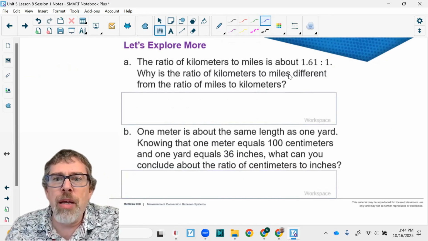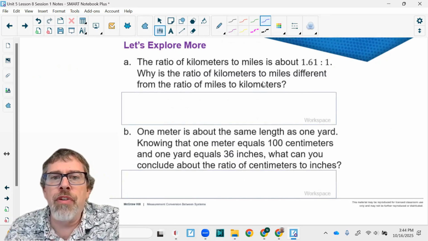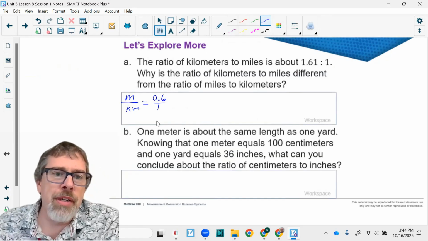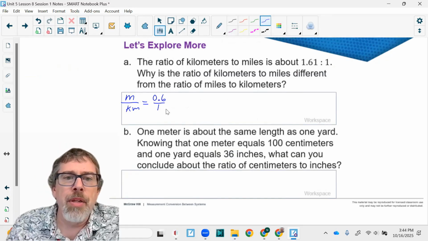Why is the ratio of kilometers to miles different than the ratio from miles to kilometers? Well, if I do miles to kilometers, then I would have 1 kilometer is 0.6. Using their approximation, it is 0.6 miles per kilometer. Okay.